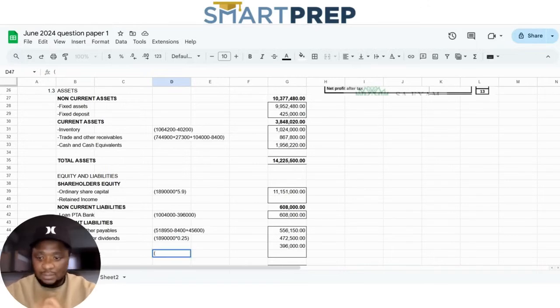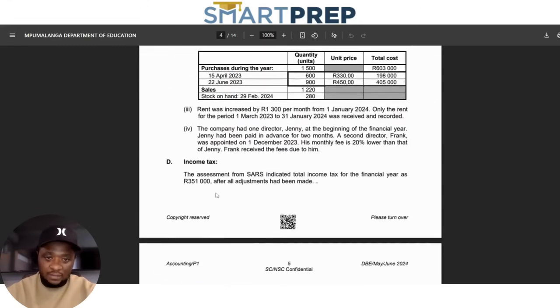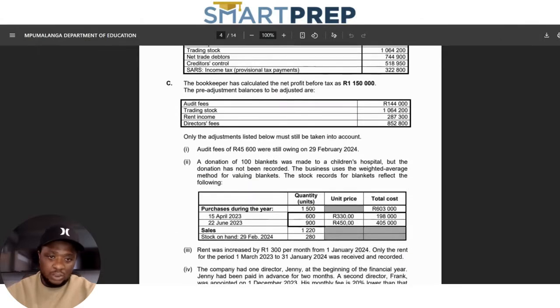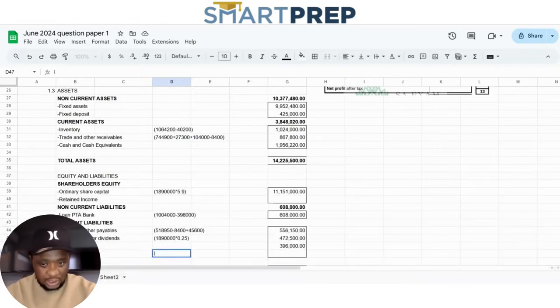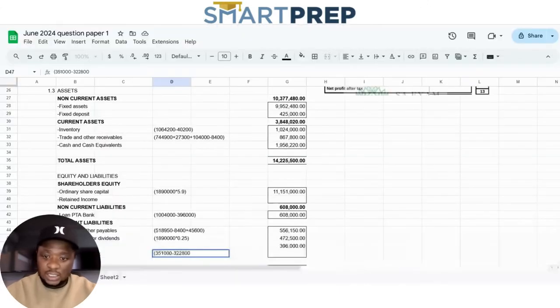And then lastly, we have the SARS income tax. We're basically going to work it out this way. We need to get our tax expense for the year, which was given as 351,000, and then we subtract the provisional payments of 322,800. So we're going to say 351,000 minus 322,800. Let's double check the number. Yes, 322,800, and then close the bracket.